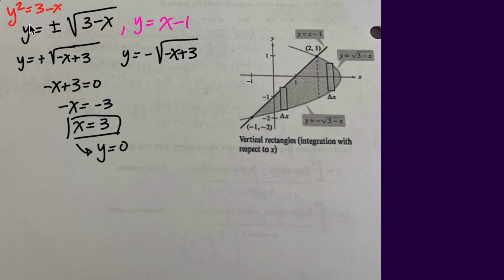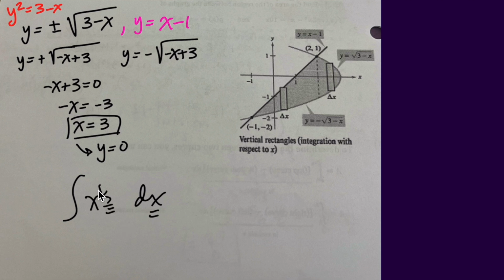So we solved for y. Why are we solving for y? Because we're dealing with dx. If you are taking integrals with dx, which is what we're doing, how do we know that? Because we have vertical rectangles, and vertical rectangles have dx as a width. If you're taking integrals with the dx, you have to have x's here.